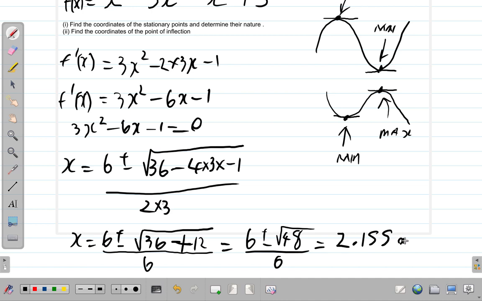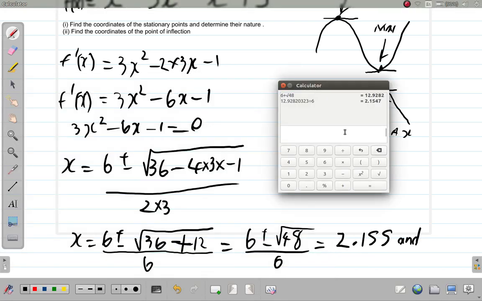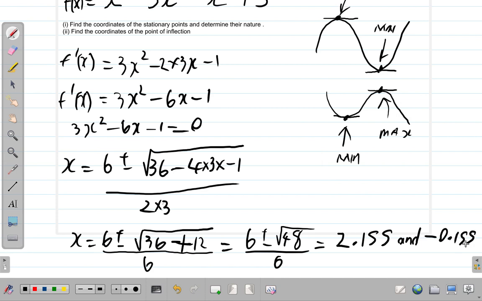And also, 6 minus the square root of 48, divided by 6, equals negative 0.155.